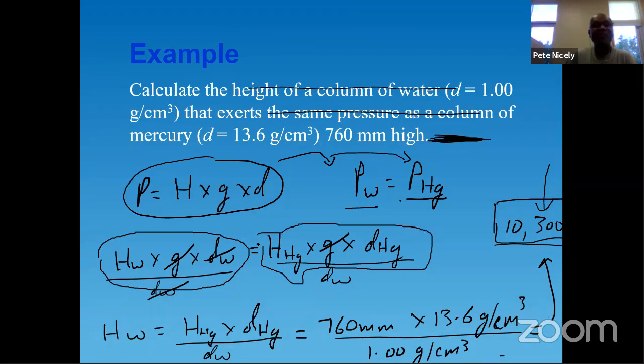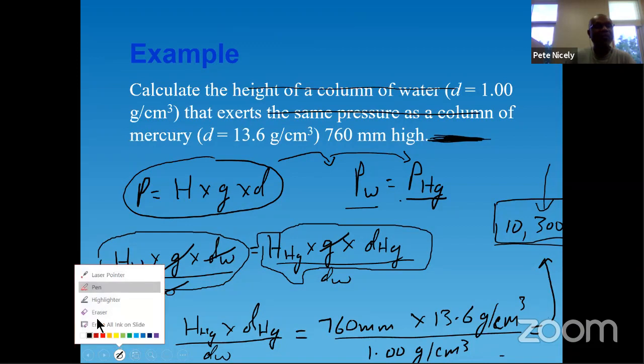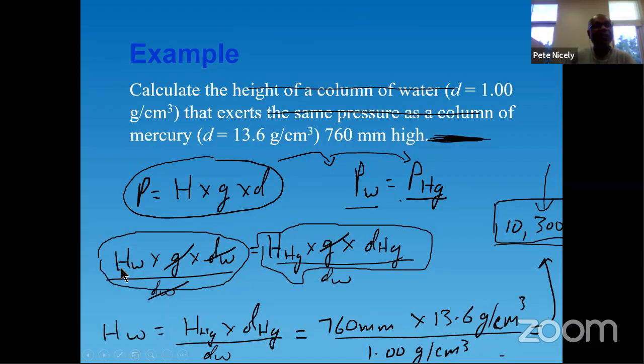Okay, so basically, the height of the water column times g times the density of water is equal to the height of the mercury column times g times the density of mercury, all right?